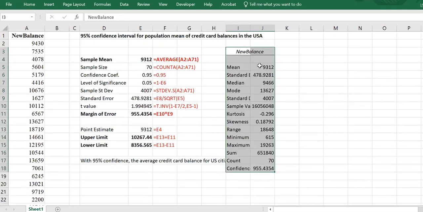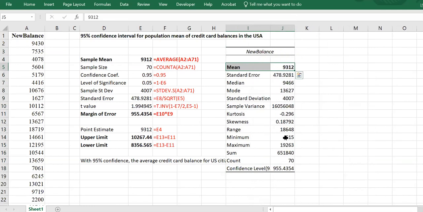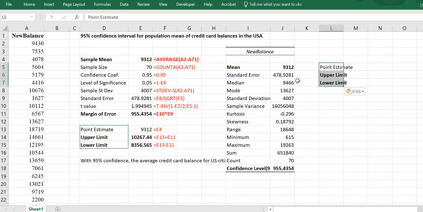Now you see, we get the mean and we get what Excel calls confidence level for the 95%, which is basically the margin of error. You see, it's exactly the same as what we had. But our job is not done yet.